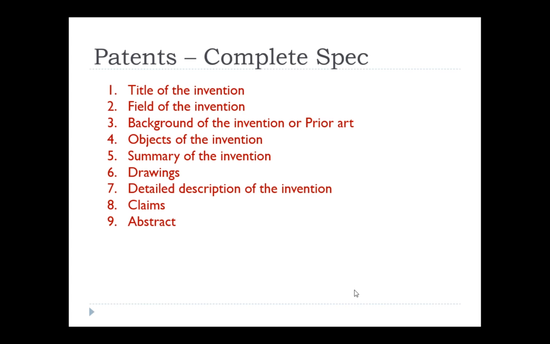For example, don't write the general advantage of that particular product or invention. Again, I'll go to the pen and explain so that you can easily follow. For example, pen is used for writing. That is not the primary objective of your invention.